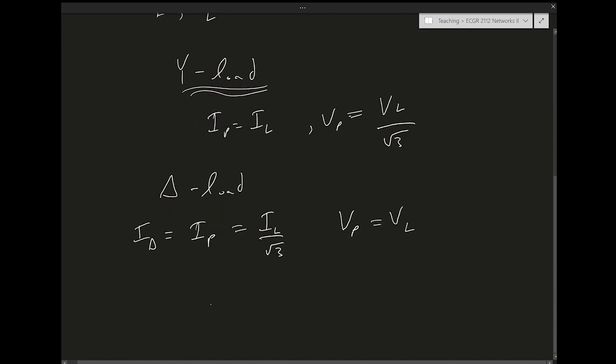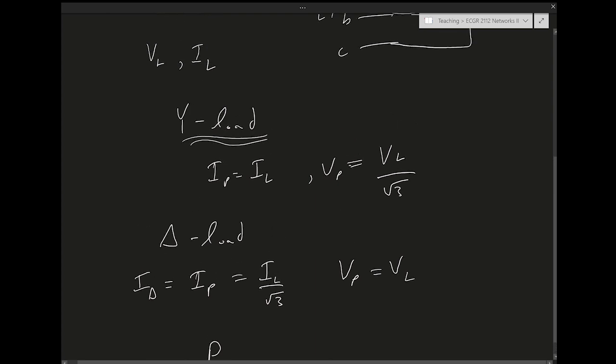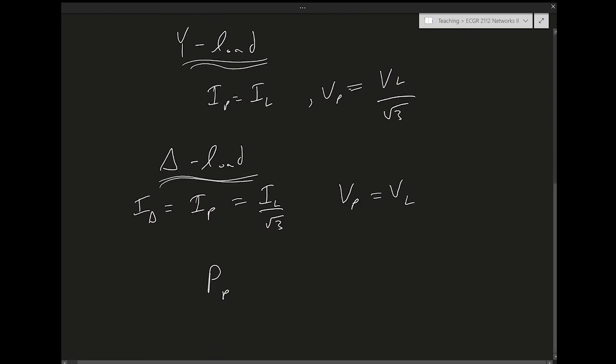Right. So it turns out that the power per phase, if I want to write it in terms of the line voltage and the line current, doesn't depend on whether the load is delta connected or Y connected. When I multiply VP by IP, I'll get the same thing, right?